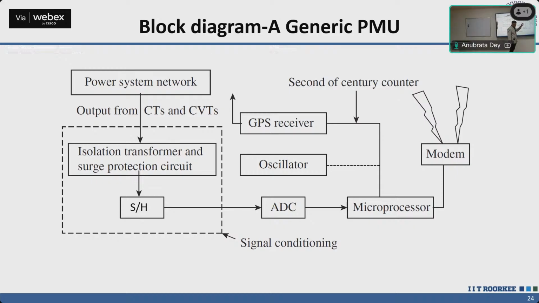Time stamping is required, and then time stamping is done using this. Of course, some other processes need to be followed. And then you have a GPS receiver that you have to install, which gives you the second of century pulse, right? We will see later what the file structure of the PMU is.